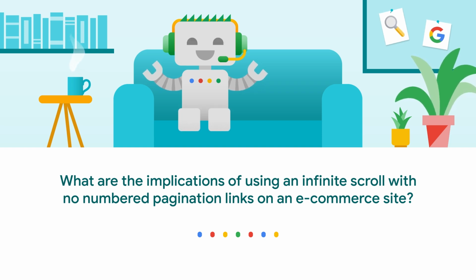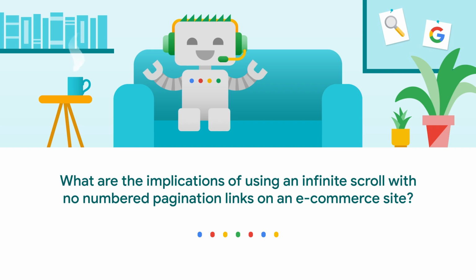In practice, at Google, this is done through a technique called viewport expansion, where we render a page like a very, very long phone. However, this isn't particularly efficient, and it can mean that we don't see the infinite content that you might have. Because of that, it's strongly recommended that you have some pagination links in addition to any infinite scrolling that you might do.